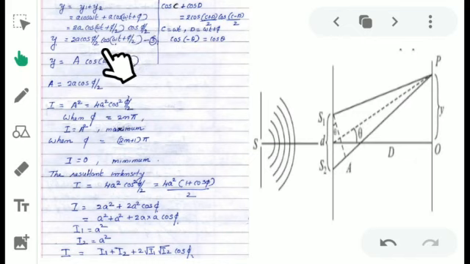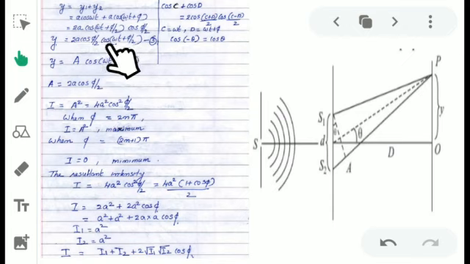Now we know that here we are getting cos of minus phi by 2, but cos of minus theta is cos theta only. So cos of minus phi by 2 we can write as cos phi by 2. So we got the final relation: Y is equal to 2A cos (phi by 2) cos (omega t plus phi by 2).